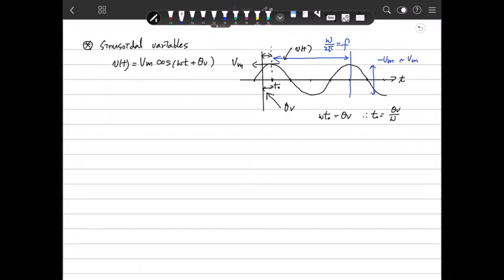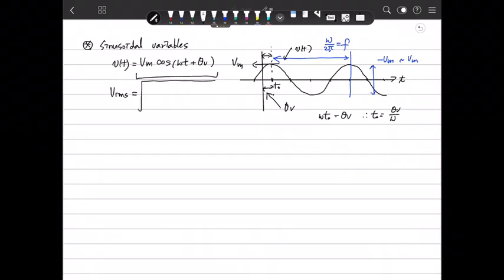This is the waveform. When you know that, what is the RMS value of this? V RMS, how can you get that?